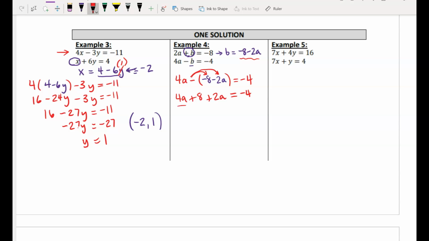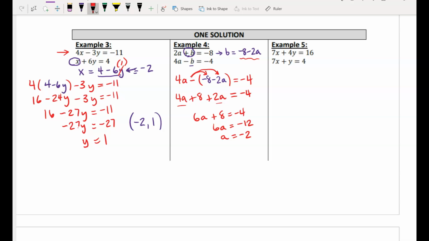I can combine the 4a and the 2a and get 6a plus 8 equals negative 4. Subtract 8 from both sides, and 6a is equal to negative 12. Divide both sides by 6, and a is equal to negative 2.